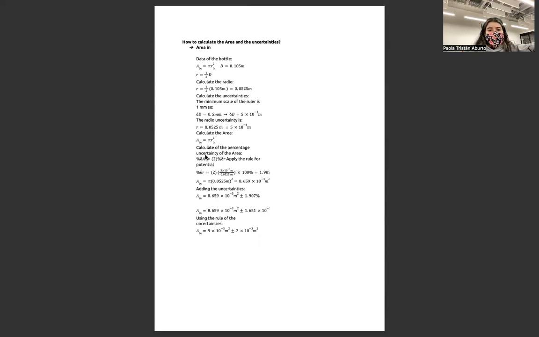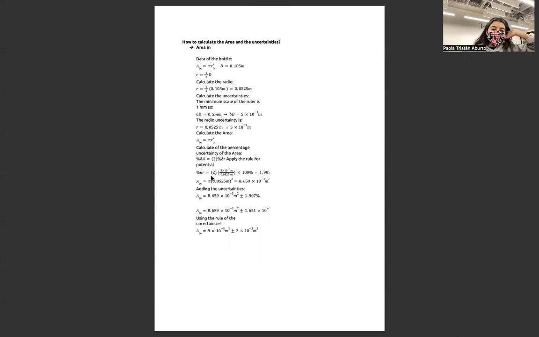Then we calculate the percentage uncertainty of the area. For this, because we have a power, we have to take this power and put it below and multiply it by the percentage uncertainty of the radius, which we calculated like this.